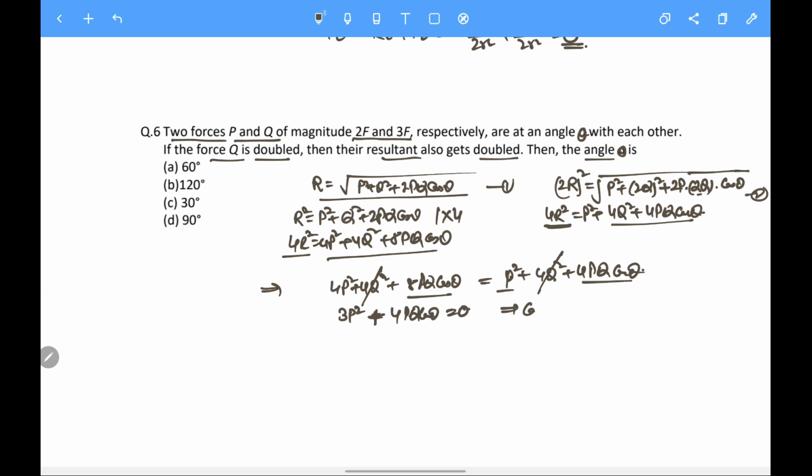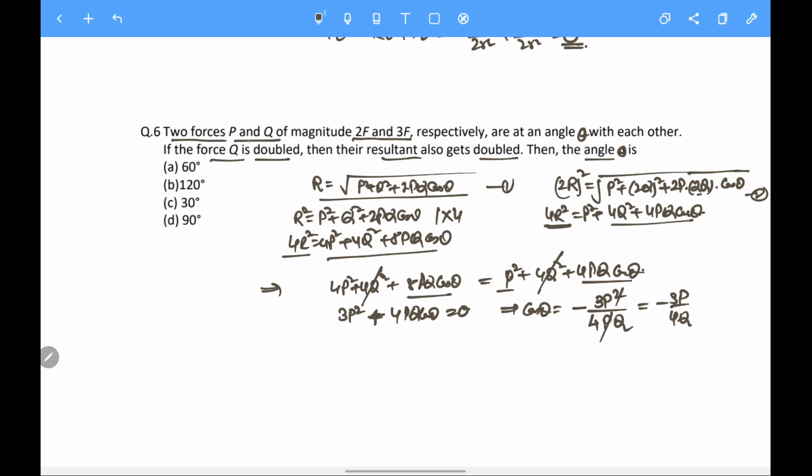This implies that cos theta is equal to, taking 3P square to the right hand side, minus 3P square by 4PQ. This P and P will be cancelled, remaining minus 3P by 4Q.